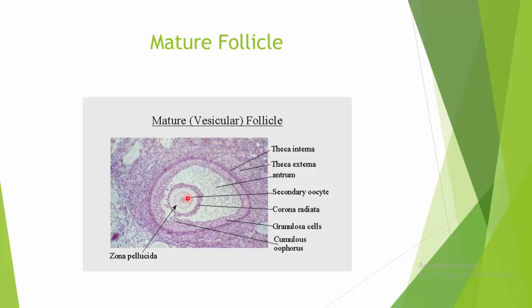So ovulation actually doesn't release an egg, it releases a secondary oocyte. And then this is all the tissue around it. So that's a mature follicle. And normally, under normal circumstances, there's going to be one egg ovulated per 28-day period.